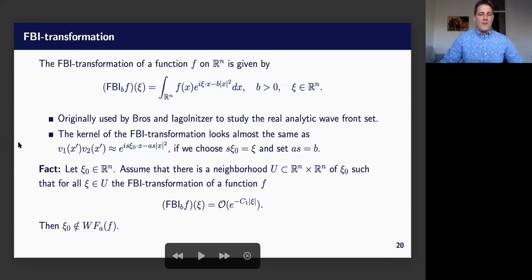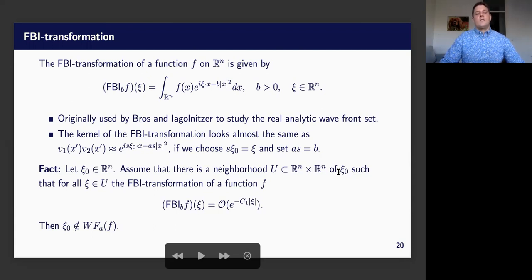Now we need one fact. This is now in Rn. So let psi naught be a vector in Rn, and assume that psi naught has a neighborhood. So now we vary both the base point of the vector and also the direction, so this neighborhood is in Rn times Rn. Call it U, a neighborhood of psi 0.